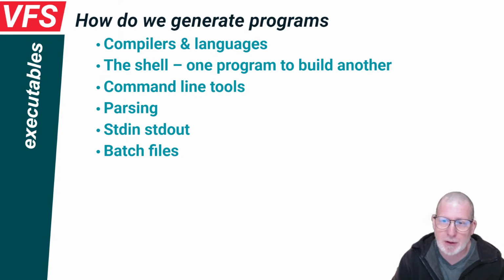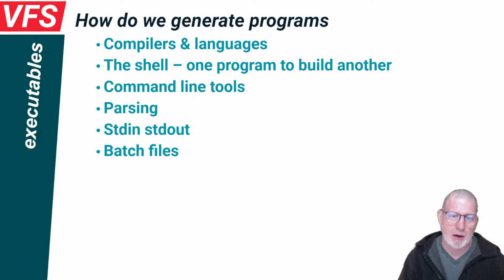Running these programs, building these programs, involved having to have some functionality in the operating systems to run them in the first place. And so one of the first programs people wrote was what we call a shell program. And we're going to use a couple of them today. The command line tools in your Windows computer are just another shell program. It's just a shell. The operating system runs it.